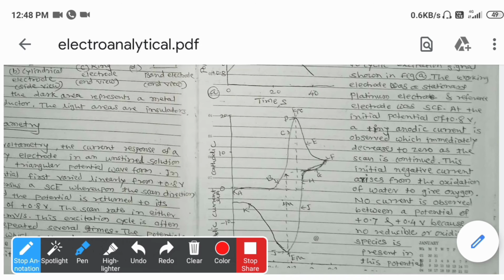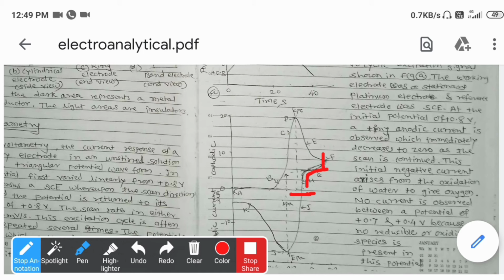So here initially we have reached up to this point F, where we have used the switching potential. So even though the scan has been switched, we get certain cathodic current which tends to be zero. So we have seen that up to plus 0.4 volt we do not get any anodic current.